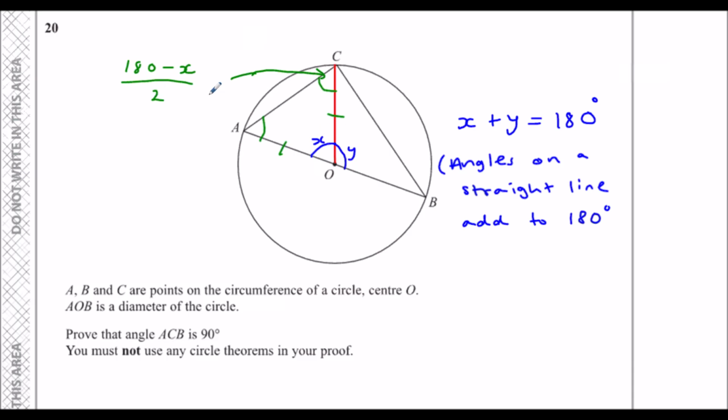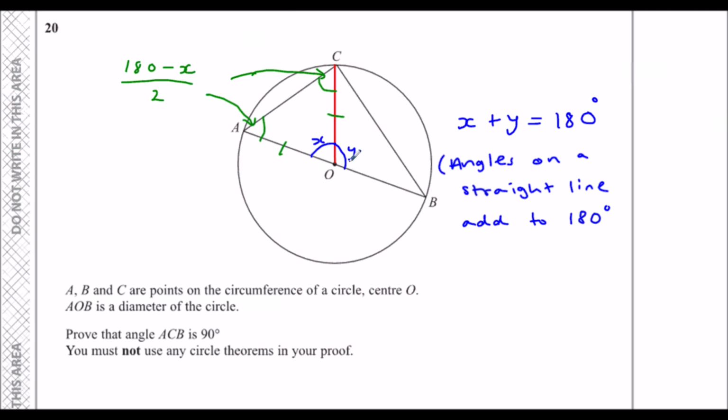So the whole triangle is 180 degrees. If you take off the angle you've got already, which is x, and half it, that must be both of these two green angles. So the green angles are 180 minus x over 2.